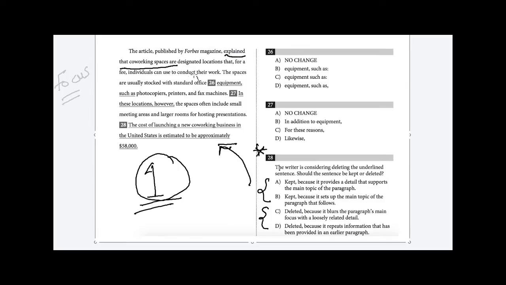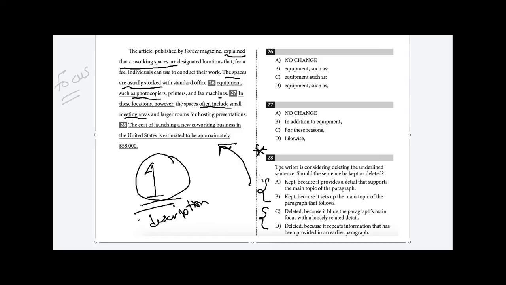Then it gives us some more details: the spaces are usually stocked with this, and so on. Then it tells us some more again: in these locations, the spaces often include small meeting areas. So it's a description of co-working areas, essentially. That's what the paragraph is about.